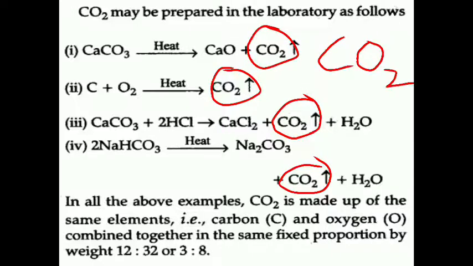The formula is fixed, that is CO2, meaning it contains one carbon and two oxygen atoms. And if we go for its mass ratio, carbon is 12 and 2 oxygen means 16 into 2, it is 32. So it is always in a fixed ratio, that is 3:8. Okay, so let's move further.